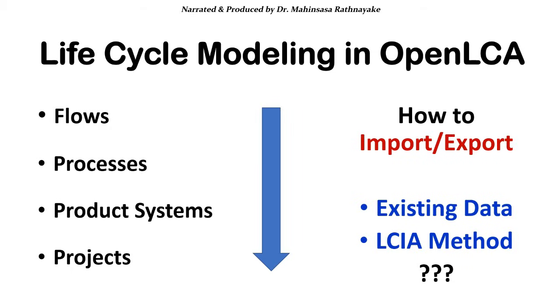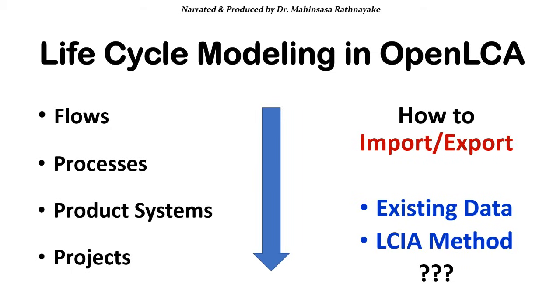A flow would be one inventory data relevant to a mass flow. For example, in this case, one emission flow for 1 kilogram of coal mining. We can say carbon dioxide emission per 1 kilogram of coal mining. That is one type of flow.